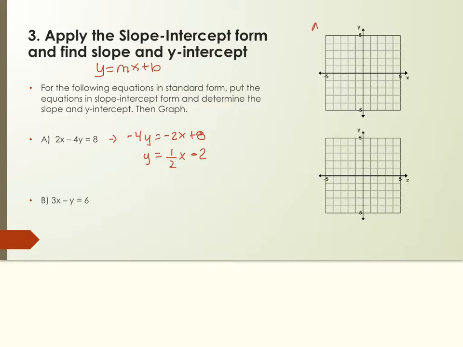So for part A, I've got a negative 2, so my graph is here, right? And so my next point, if I use the slope, I go up 1 and over 2. So my next point is right here. And my next point is going to be right here at 4. So that's where my x-intercept is going to be.